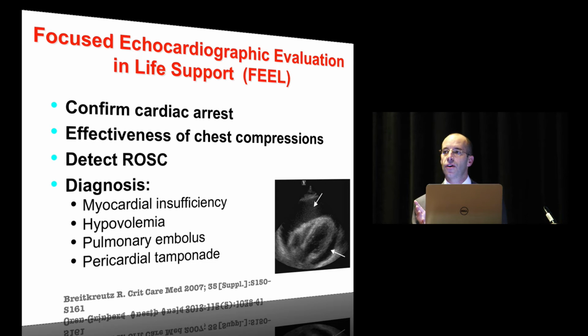You can see myocardial insufficiency because of regional wall motion abnormalities. You can see hypovolemia, which was often a cause of PEA. And you may see PEs or pericardial tamponade, as the picture shows over there. That's a tamponade, and that would be causing the arrest. If you see it in action, like I've seen in simulations, it actually works pretty well.